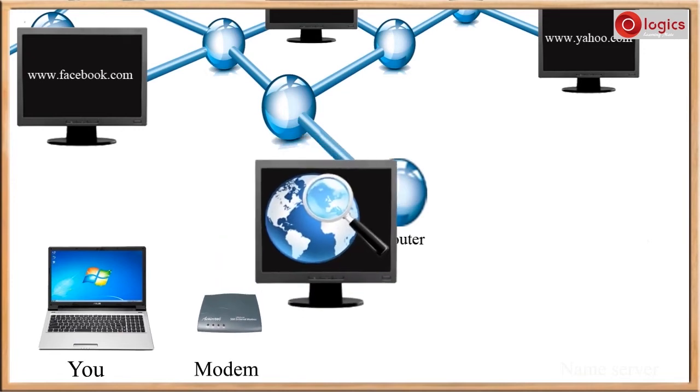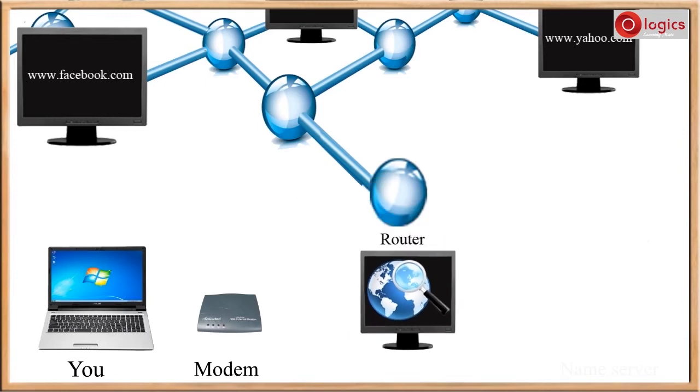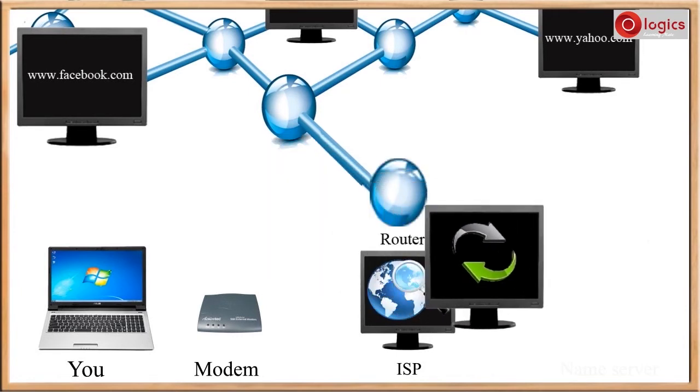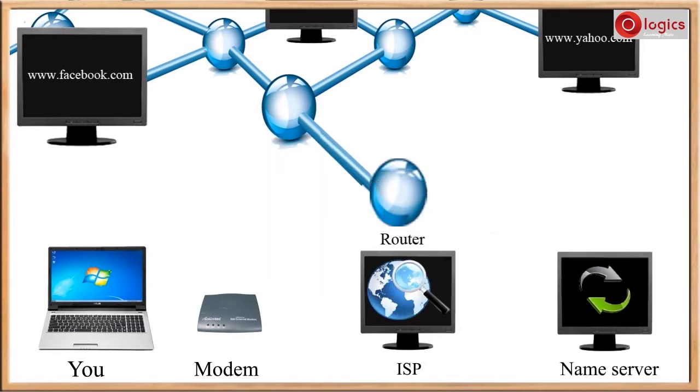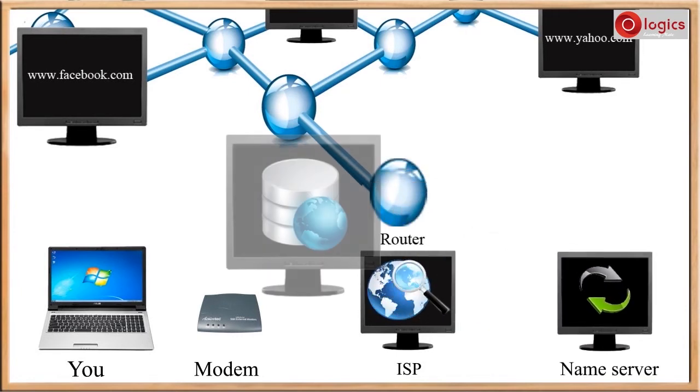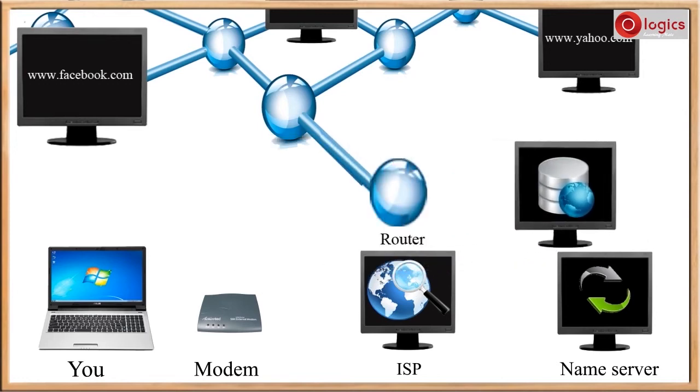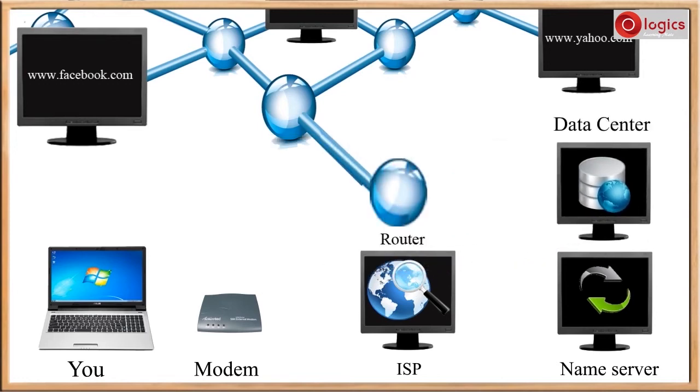This is your ISP, that is, Internet Service Provider. Usually the Internet Service Provider maintains a name server and a data center. Children, these are all enablers to access the internet.